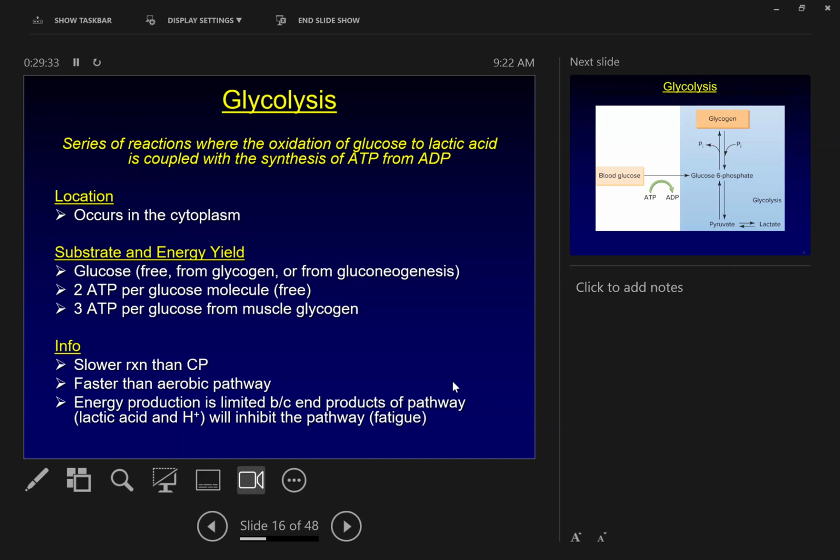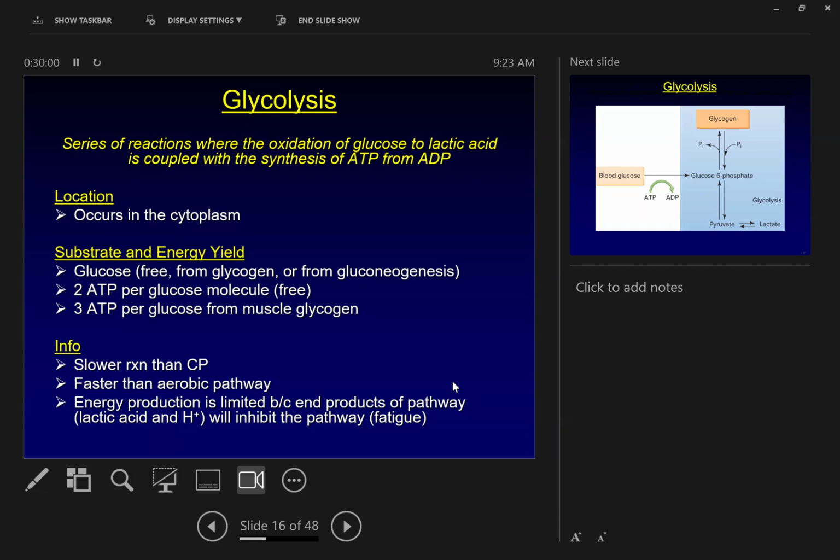Because when I point out the pathway in the next couple of slides, we get to skip the first step. Okay? We skip the first step. If it comes from glucose that's in your blood, so it's come from glycogen in your liver, it's come from gluconeogenesis done in the liver, or it's come from carbohydrates that you've eaten that are in your blood, you get 2 ATP molecules.